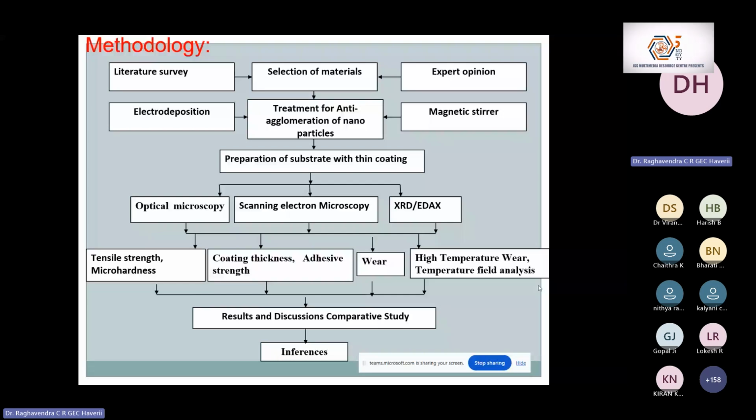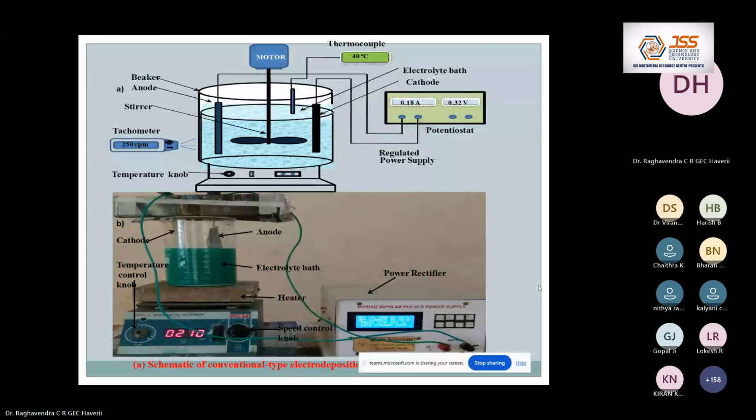Now this is the below figure, where B shows an actual prototype model, wherein this green color solution is the electrolyte solution that has been prepared. Say for example, if you're coating nickel, then nickel salts will be used. If you're coating copper, copper salts are used to prepare this solution.